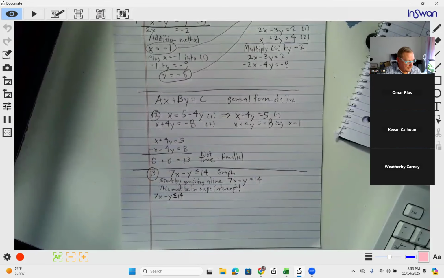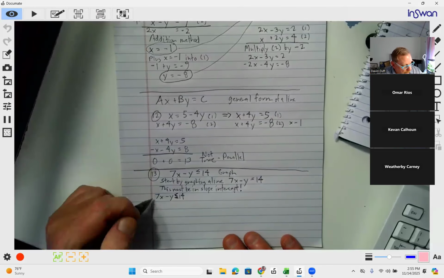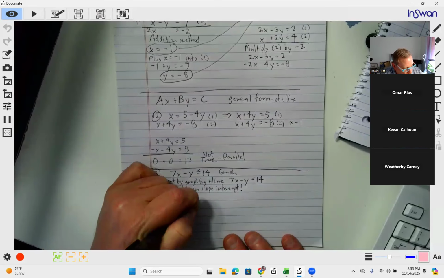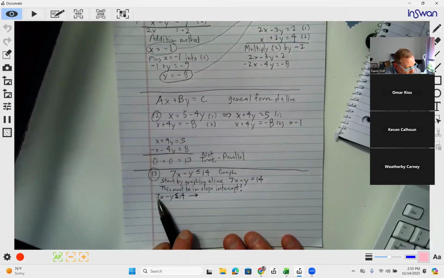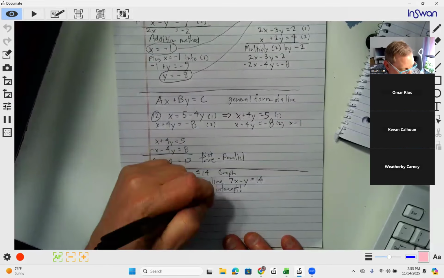So the first thing I want to do is rewrite this inequality until it's in slope-intercept form, right? So the first thing I'm going to do is subtract 7x from both sides.